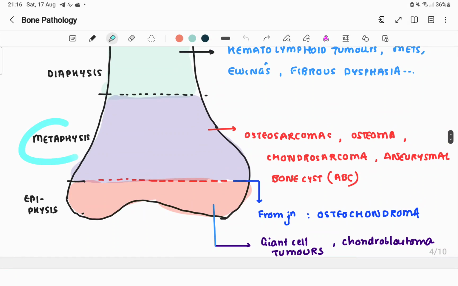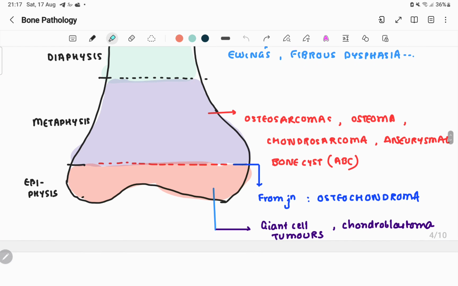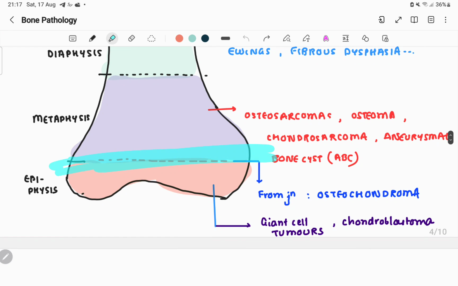Then metaphysis, what are the tumors? We have osteosarcoma, osteoma, chondrosarcoma and aneurysmal bone cyst, all these tumors. From the junction of epiphysis and metaphysis, one tumor originates, and this is osteochondroma.